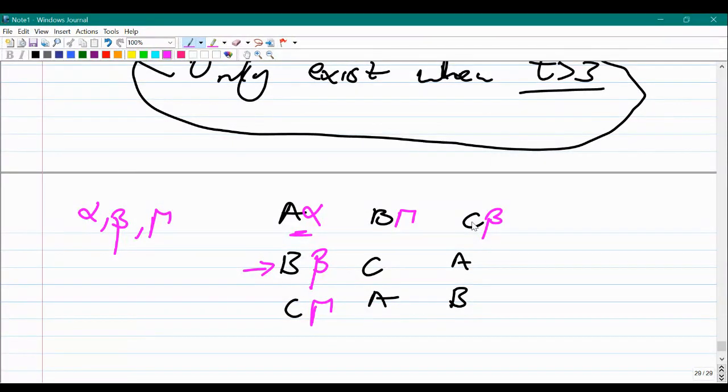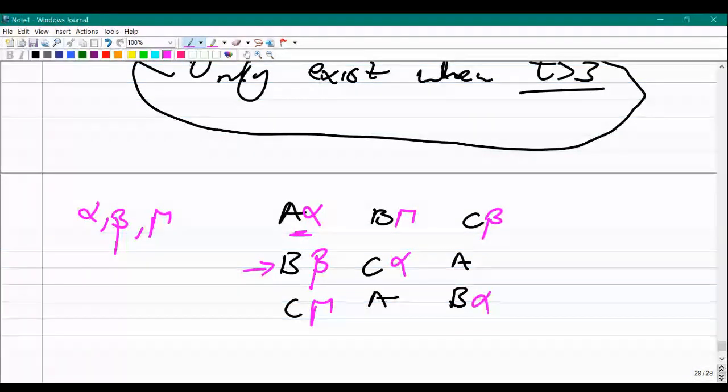Alpha. And where should I put alpha? In the middle. Alpha.